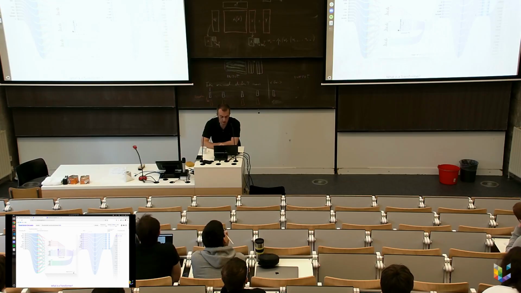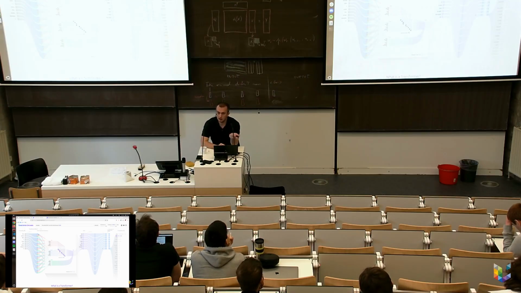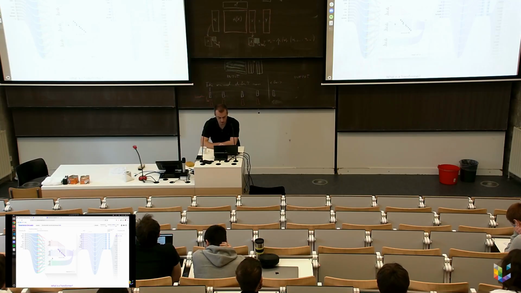Okay. In this case, it would be made of 12 heads. So in parallel, we would have 12 of these self-attention modules. So this would be the third, fourth, and so on. And you see that each of the vectors is mapped to 3 vectors, a query, a key, and a value vector, which you see in blue, red, and green, from which we derive first the attention matrix by multiplying the keys with the queries.